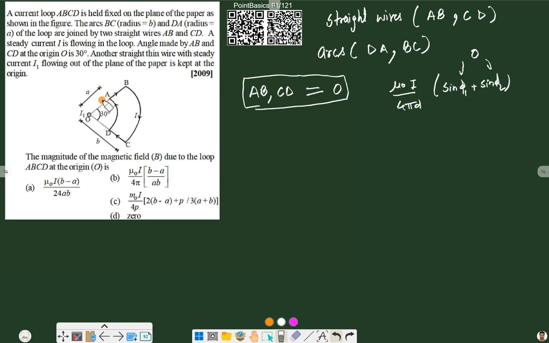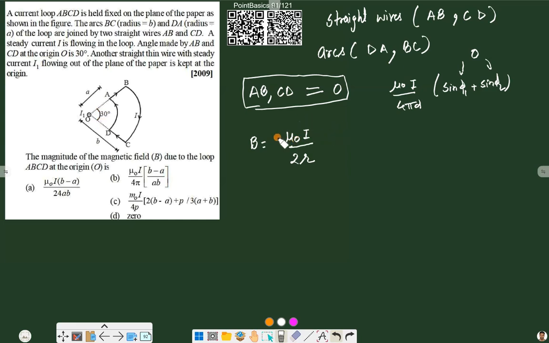Now coming to the arcs. As these arcs are part of a ring or a loop, for a loop we know the magnetic field is given by mu naught I by 2R, and this is the value of magnetic field for a complete loop. And here we have a part of the loop that spans only up to 30 degrees.